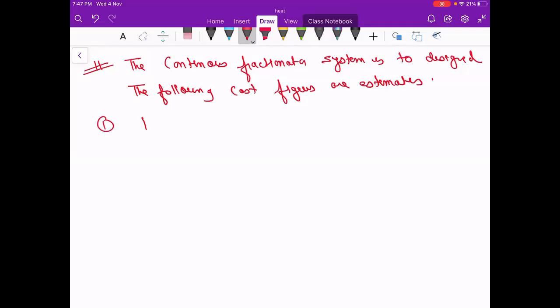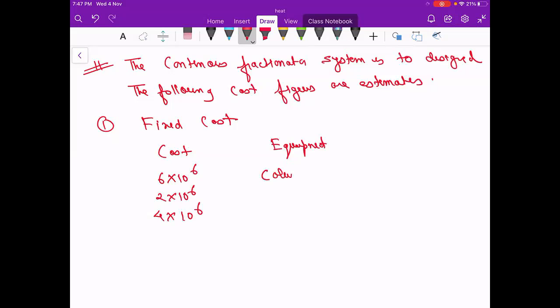First one is fixed cost: equipment cost is 6 into 10 to the power 6, 2 into 10 to the power 6, 4 into 10 to the power 6, for column, condenser, reboiler.